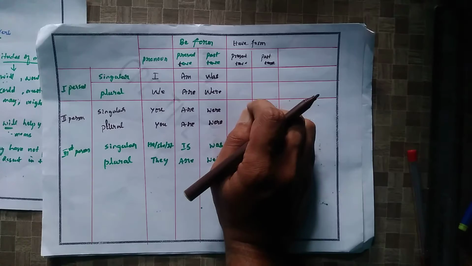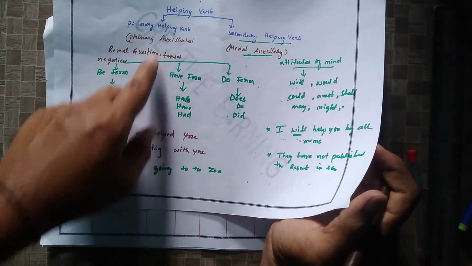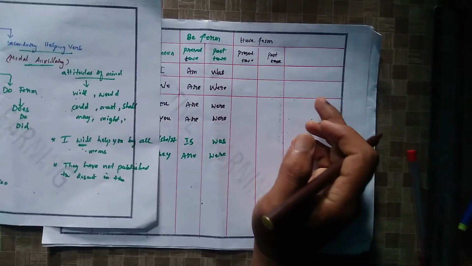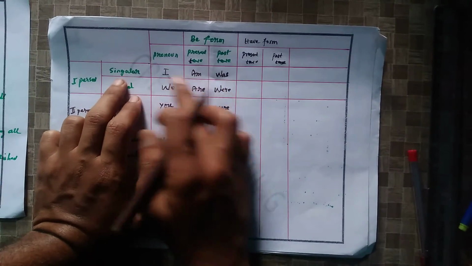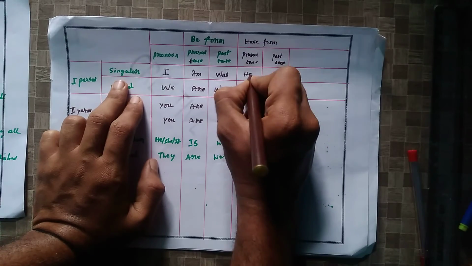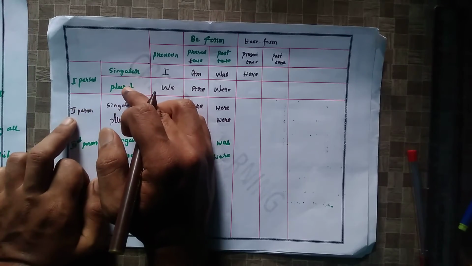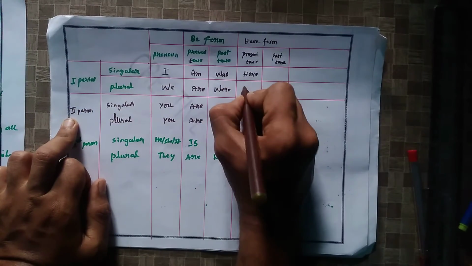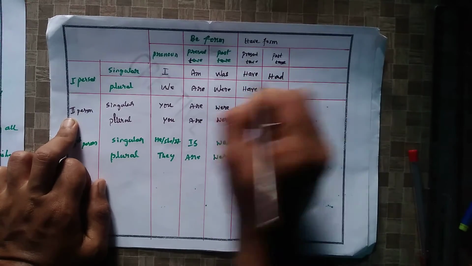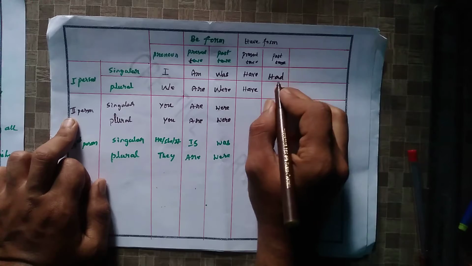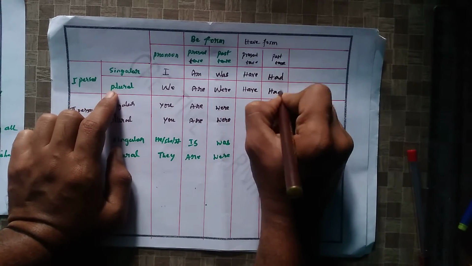To represent the have form of primary auxiliary, in the present tense, to represent the singular person we use have. To represent many persons in plural form we use have. In past tense have becomes had, and in the past tense for plural it becomes had.